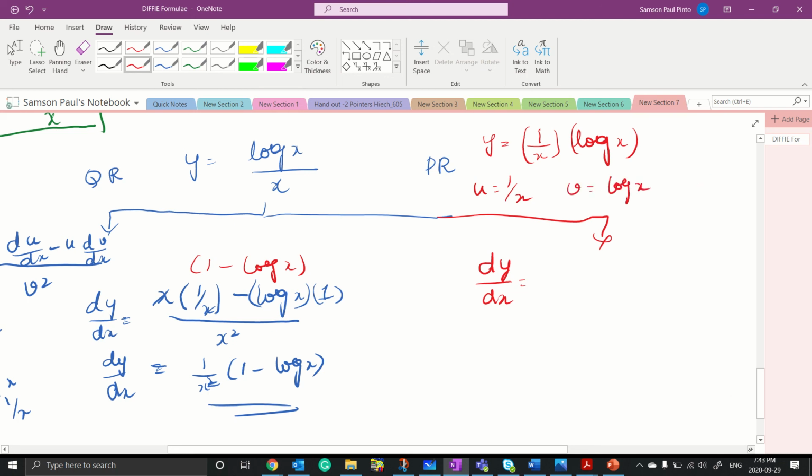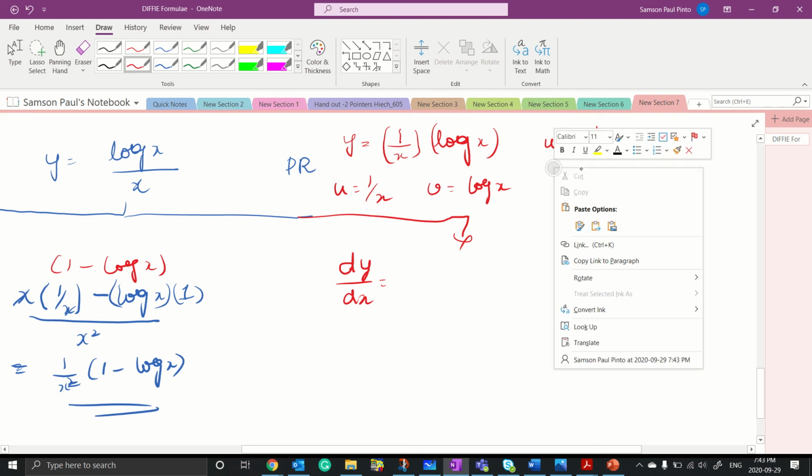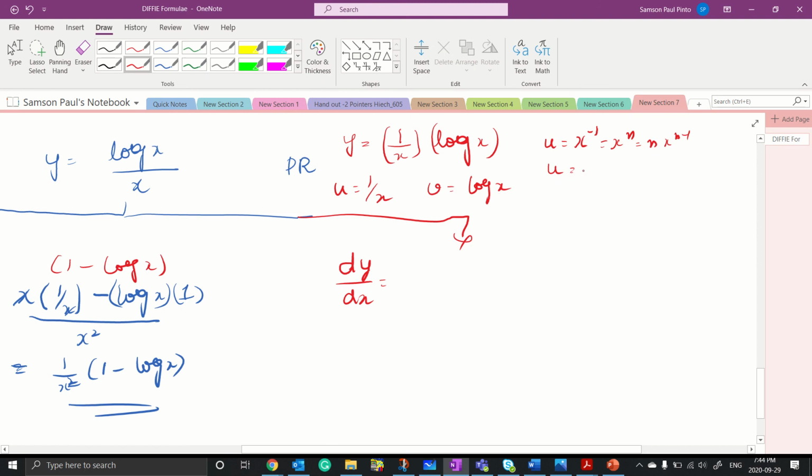Okay, now for those of you who are just starting with differentiation, I will tell you how to solve the formula for 1 by x. This is a problem within a problem, so there is no direct formula for 1 by x. What you have to do is take it as x to the power of minus 1. Now this is in the form x to the power of n, and the solution is n into x to the power of n minus 1. Okay, so you get du by dx as minus 1 into x to the power of minus 1 minus 1.